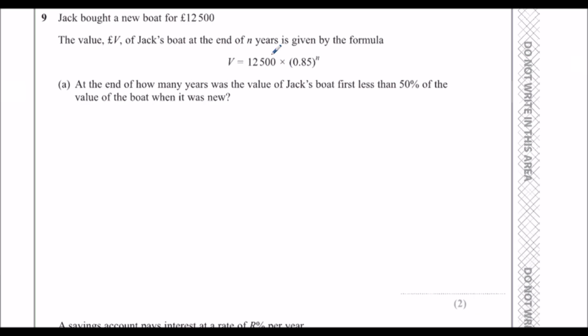So 50% is half. So half of 12,500 is 6250. So we want to know the lowest value of n that gives a V of less than 6,250.